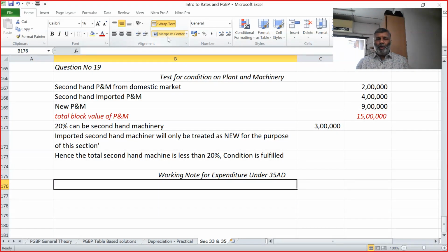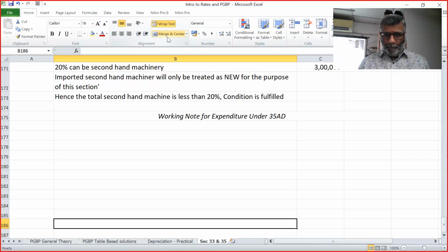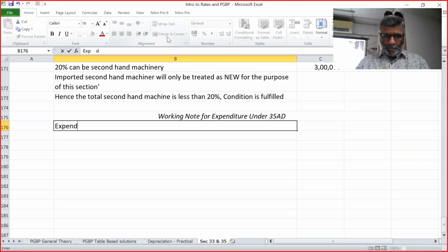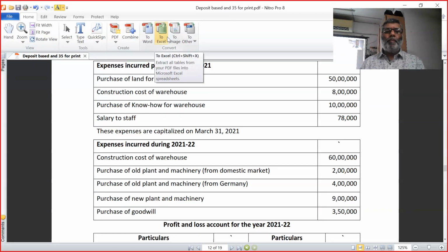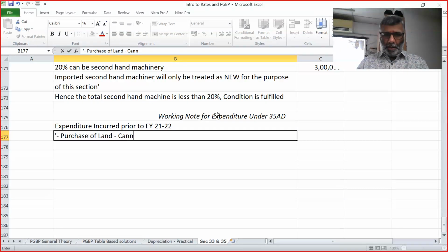Working note for expenditure under section 35AD. Expenditure incurred prior to financial year 21-22. Purchase of land cannot be claimed.